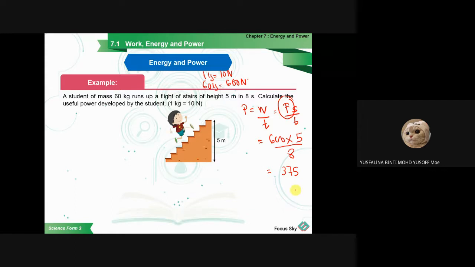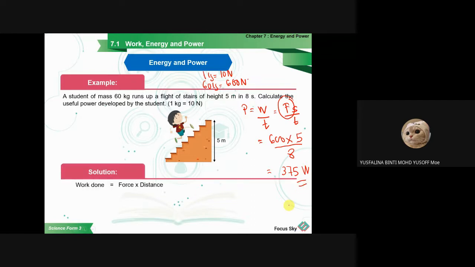What is the unit for power? Watt. So the answer is 375 watts. Let's check the answer. Yes, you got 375 watt.